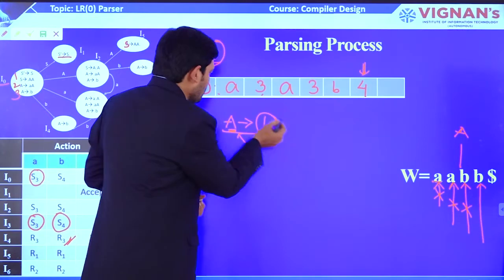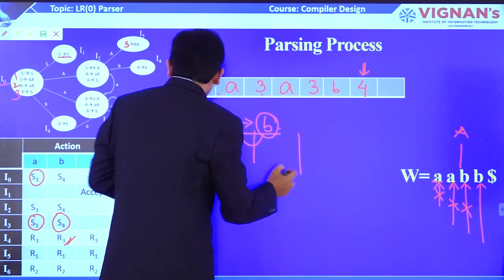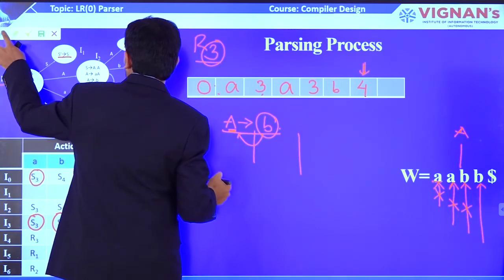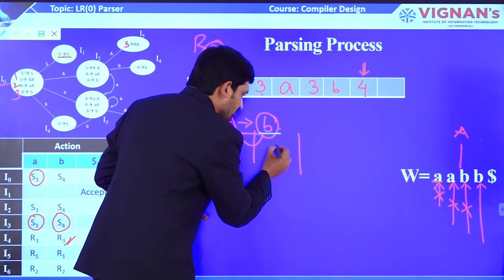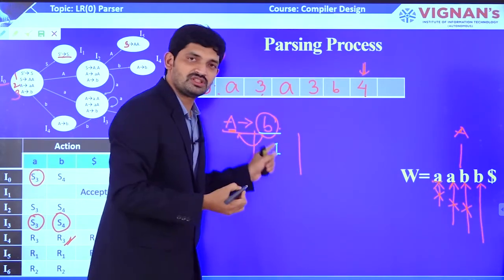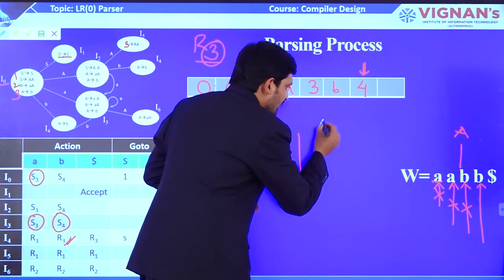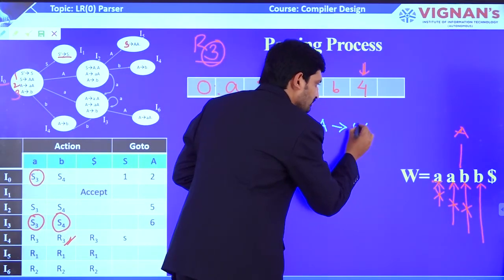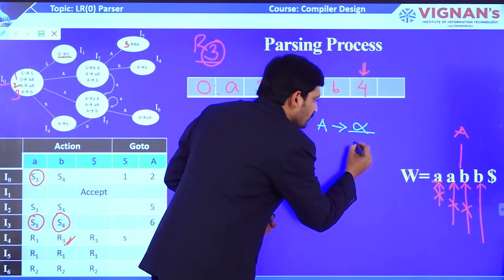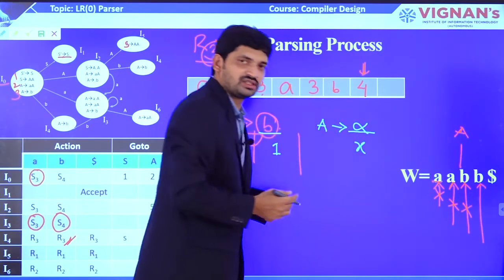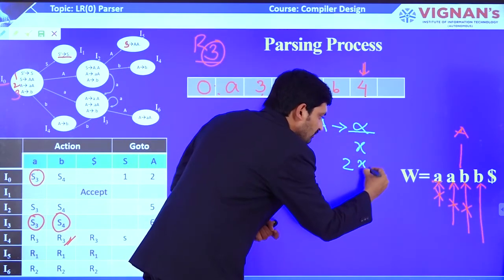Then after performing the reduction operation, we have to do one more operation. What is that? From this production, check how many symbols exist on the right hand side. You can see B, the only one symbol on the right hand side. If in a production, let us say A tends to alpha, alpha consists of X symbols, then we have to reduce 2X symbols from the stack.